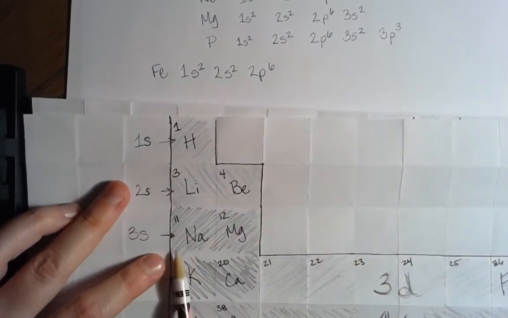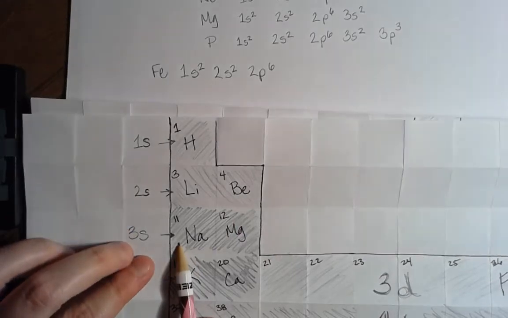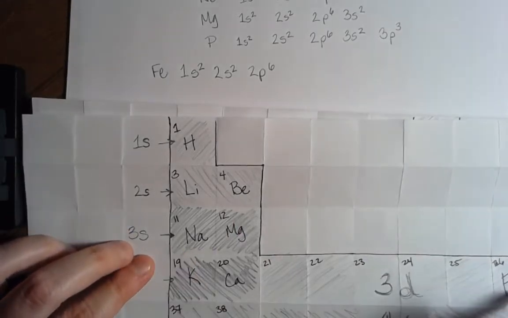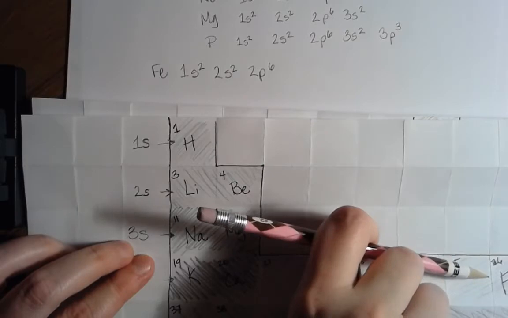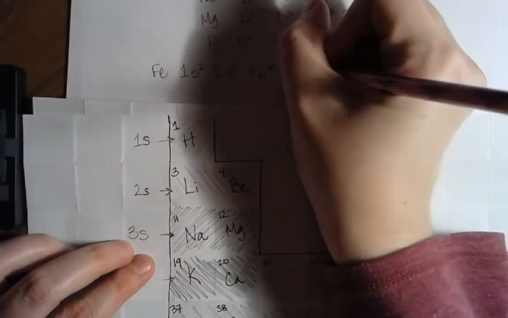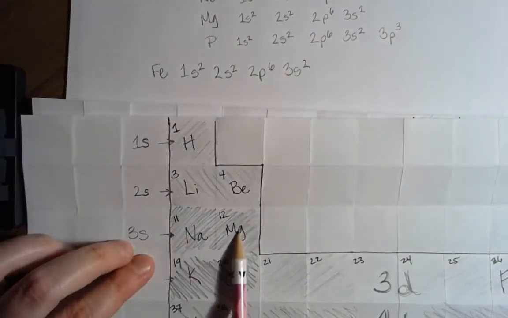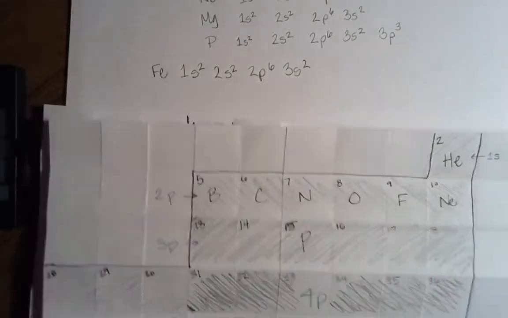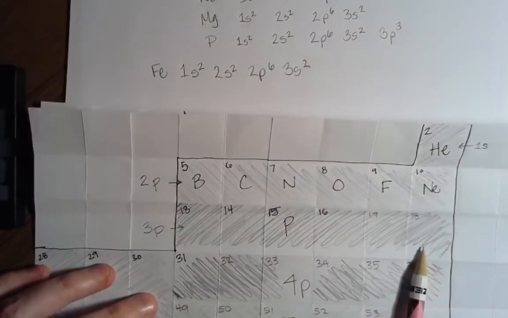Okay, come over here to the 3s's. Iron is still all the way over here, right? So we've got a full 3s that we're looking at. 3s is full with 2 electrons also. Over to your 3p's. Iron is number 26. Your biggest 3p is 18.